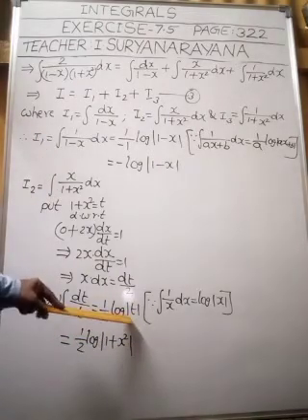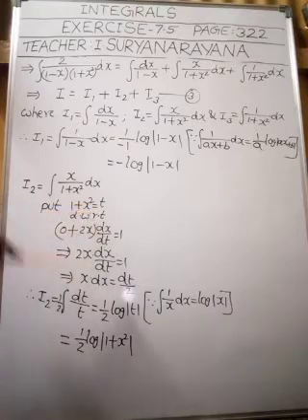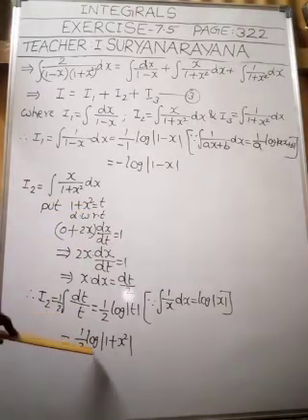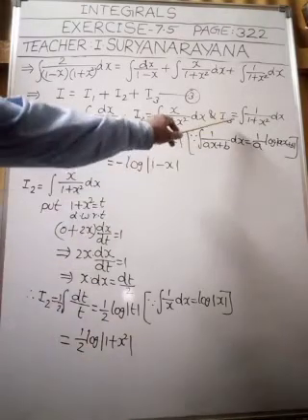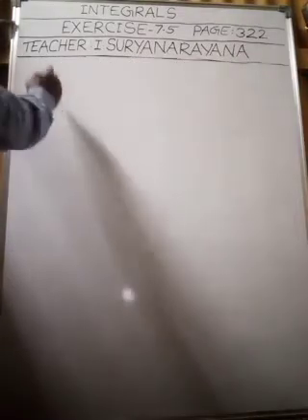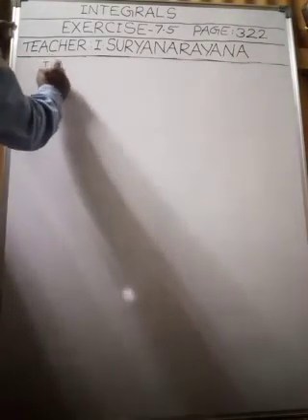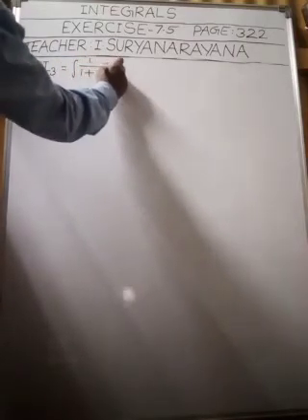Here again we are writing the t value in terms of x, so 1 plus x square. We got the I2 value also. Okay, my children, understood? So we have to find I3 also. Find the value of I3. I3 is equal to integral 1 by 1 plus x square dx.